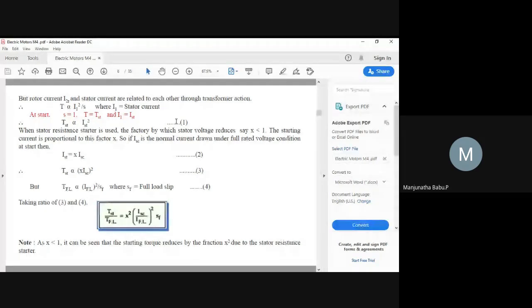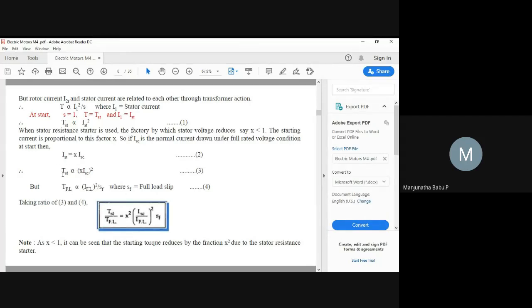Now once the motor has been started, that is when the stator resistance is being used, let us consider X as the factor by which the starting current is proportional. ISC is the normal current drawn under full load condition. So I start will be equal to X into ISC.